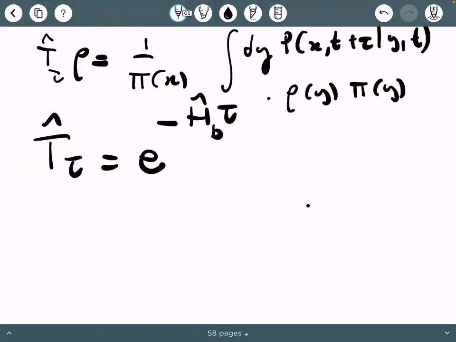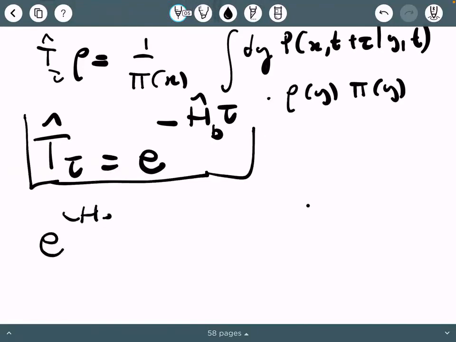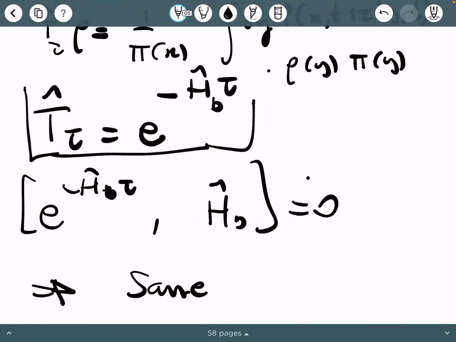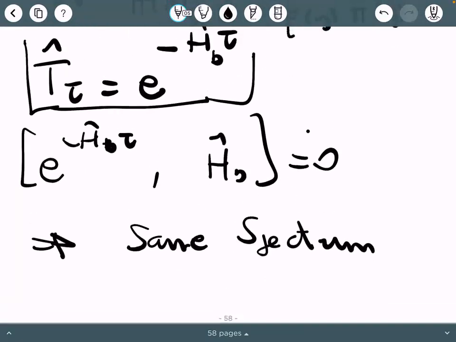So now you begin to see why they're important: the evolution operator and the backward Kolmogorov operator share the same spectrum, because H_B commutes with e to the negative H_B, implying the same spectrum and the same set of eigenstates. So the transfer operator is actually the main person of interest for us.